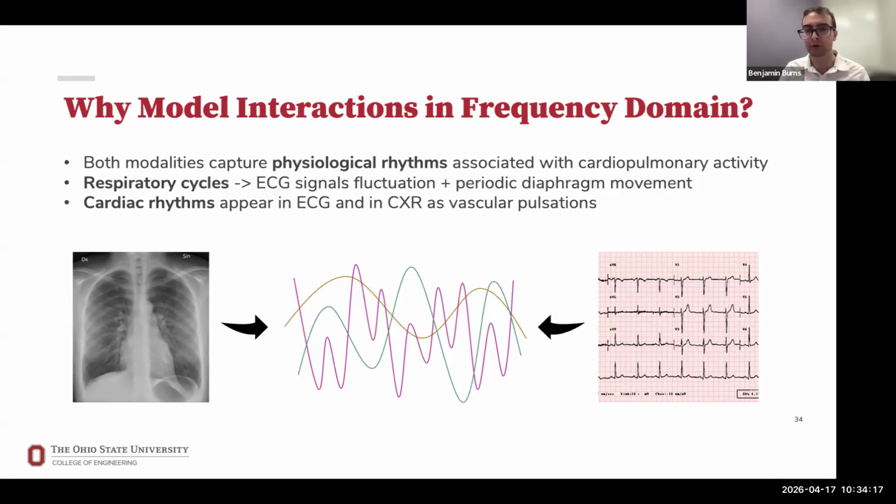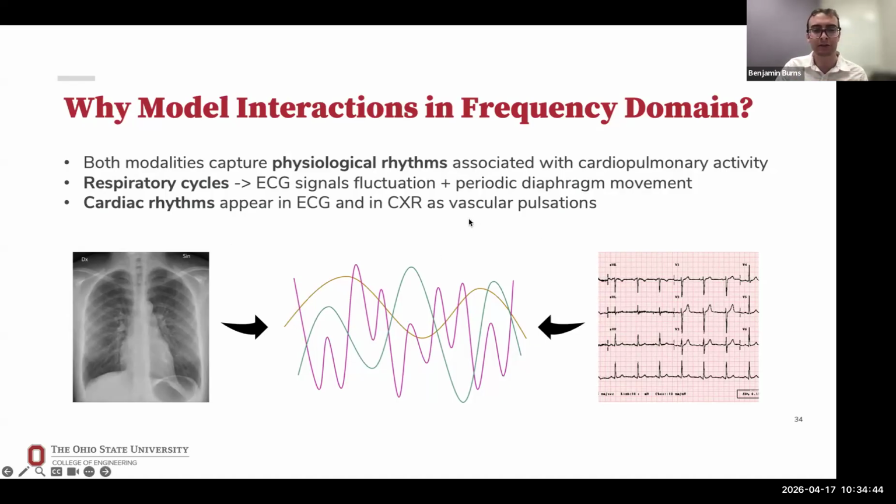Specifically, respiratory cycles are captured obviously through periodic diaphragm movement, which may appear in chest X-ray, but it can also appear as baseline fluctuations in ECG signals. So this underlying process is captured in the frequency domain in both modalities. Similarly, cardiac rhythms will obviously appear on ECG, but they can also show up in chest X-rays through vascular pulsations.